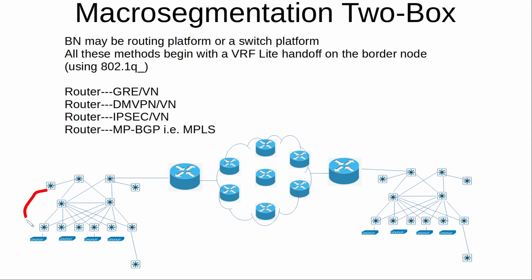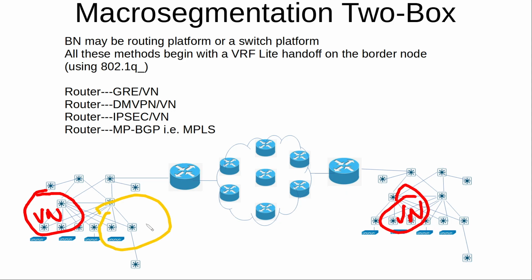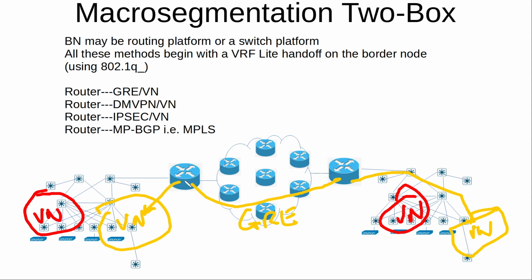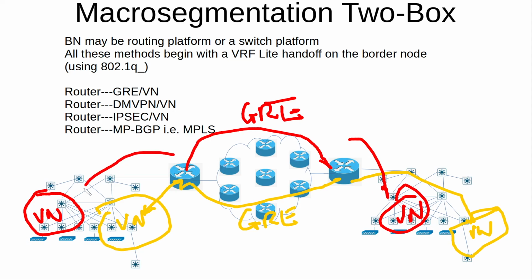For instance, if I had two VNIDs, VNID red and VNID orange, I could create, for instance, between these two routers, one GRE tunnel that will serve to communicate these orange VNIDs and a separate GRE tunnel in order to be able to communicate these other red VNIDs to each other.